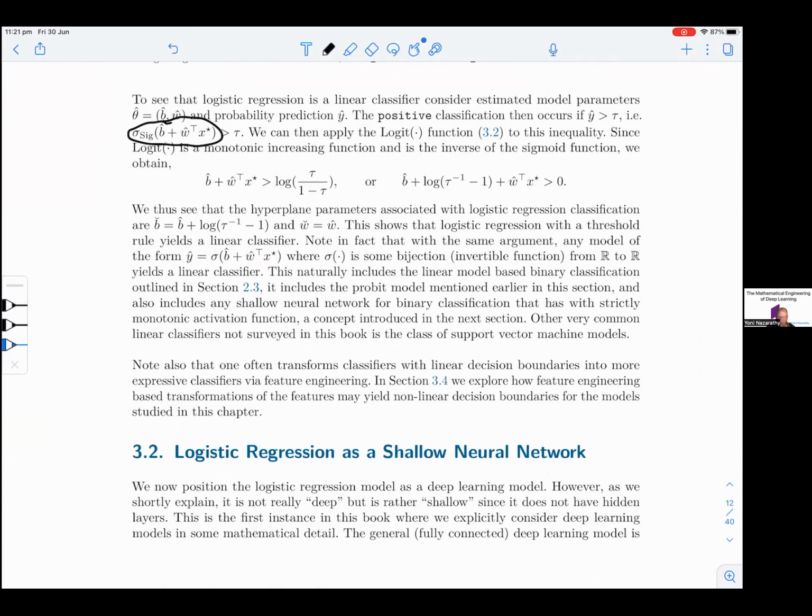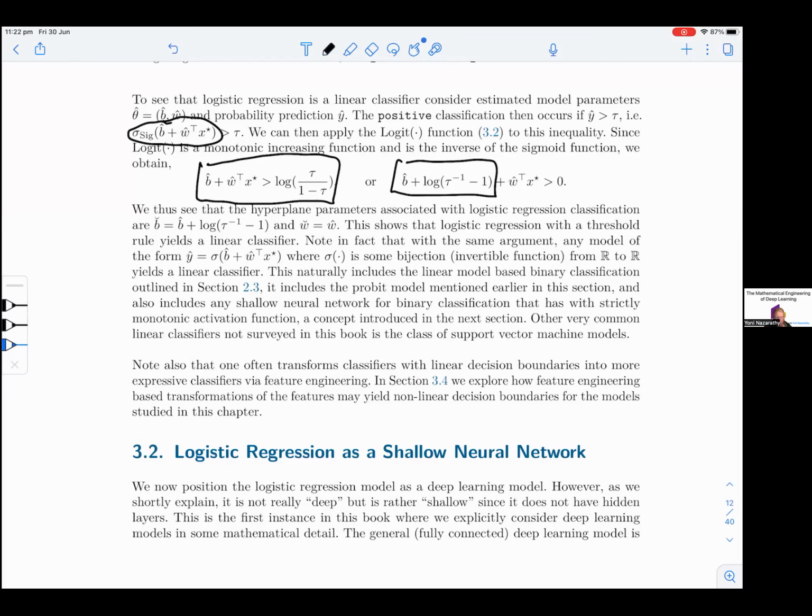We can then apply the logit function 3.2 to this inequality to undo the sigmoid, because it's the inverse of the sigmoid. Since the logit is a monotonic increasing function and the inverse of the sigmoid function, we obtain this inequality. If we rearrange things inside the log, we get this.